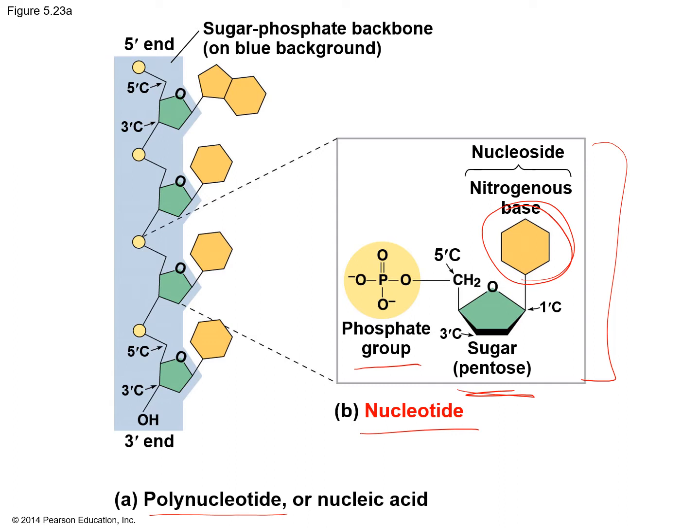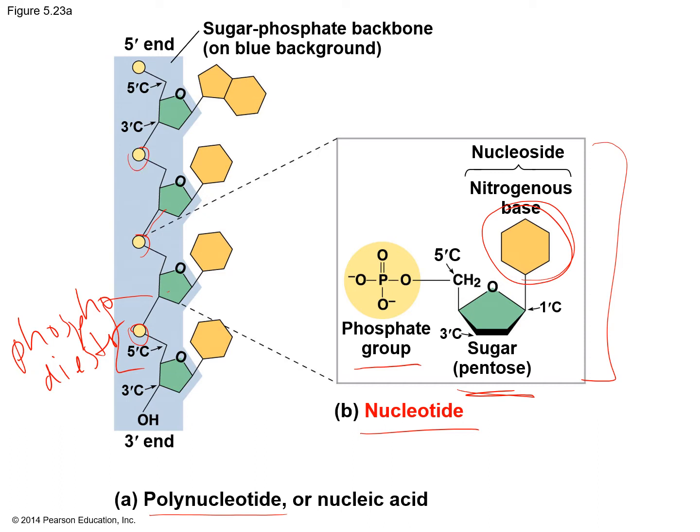The nucleotides are joined together end to end in a linkage we call a phosphodiester linkage. So there are two ester linkages with a phosphate in between. And so the sugar backbone connected to the yellow here is the phosphate group, then connects to the next sugar, and then there's a phosphate group in between, connects to the next sugar, and there's a phosphate group, and so on.